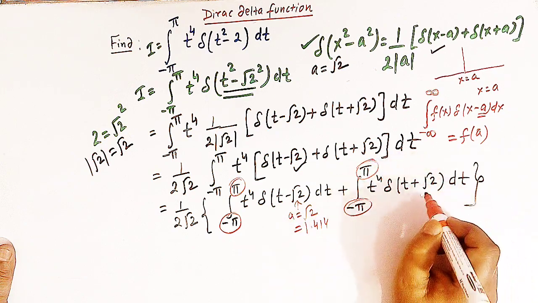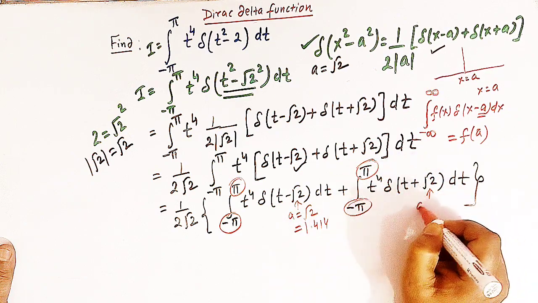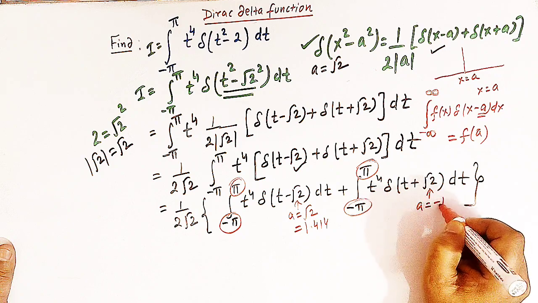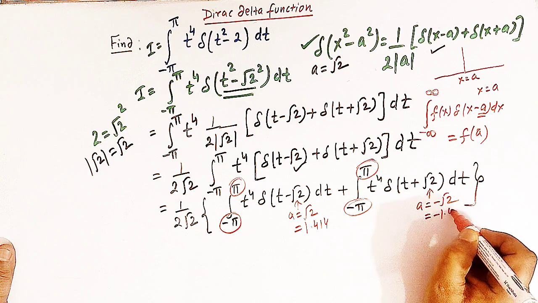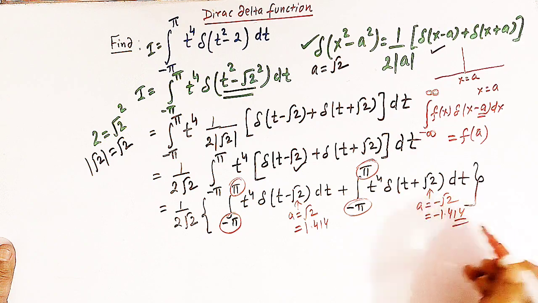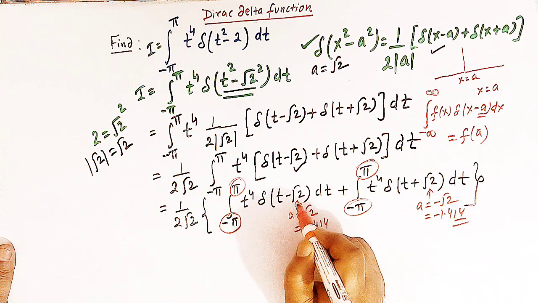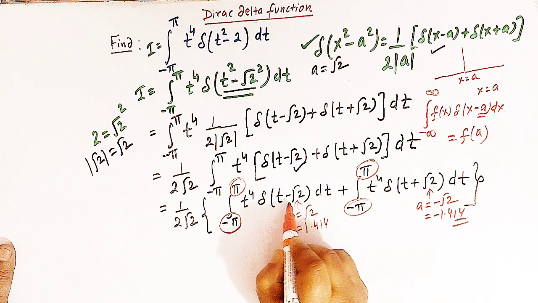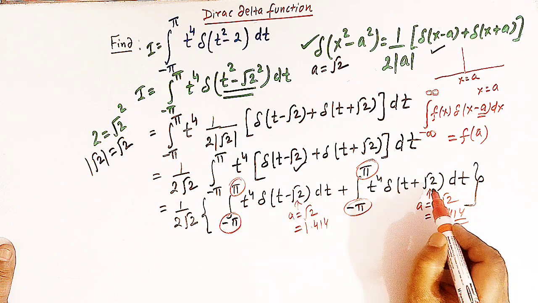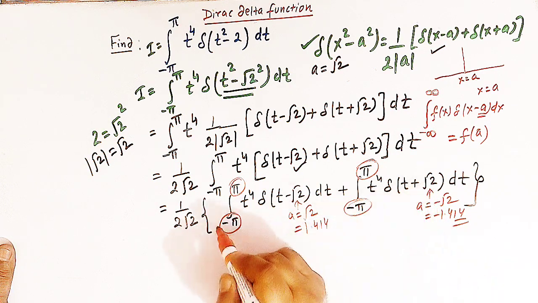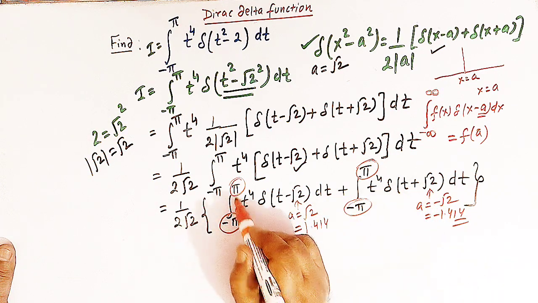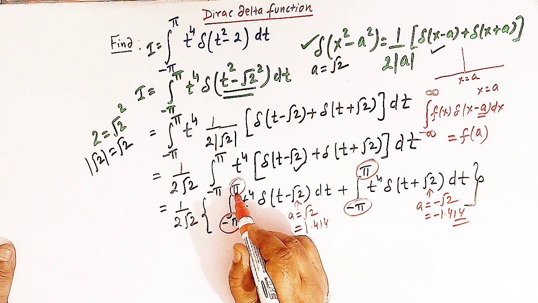And here the value of a is given by negative square root of 2, right? And this is minus 1.414. And we can easily see that these two numbers, that is square root of 2 and minus square root of 2, they fall within these bounds, that is minus pi and pi, right?